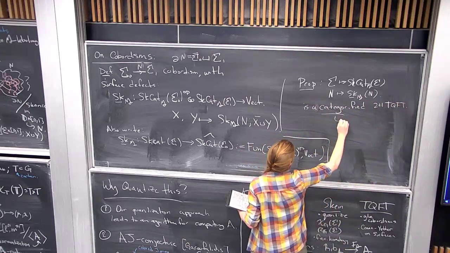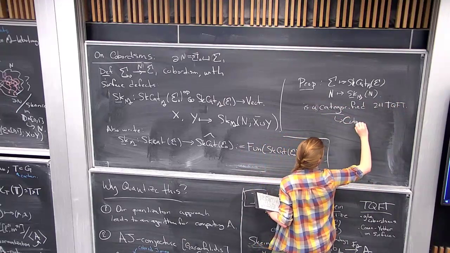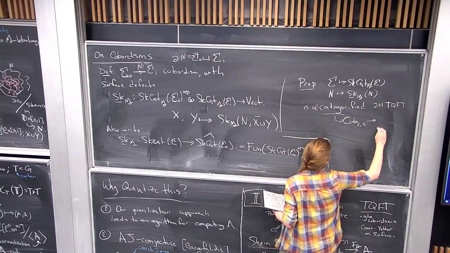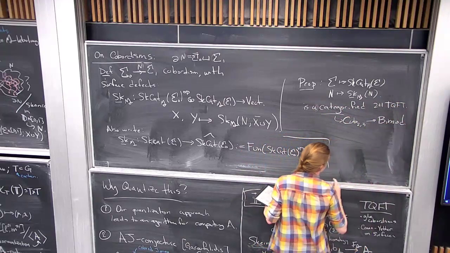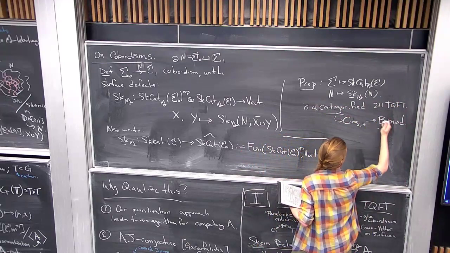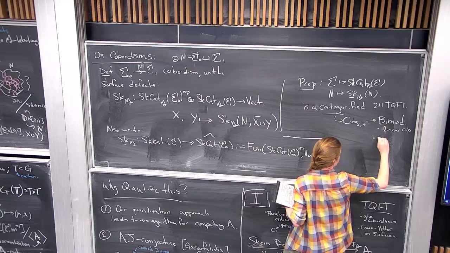By this I mean this is going to be a functor from cobordisms, maybe Cob_3, to something here which is called Bimod. It's just these presheaf-valued functors.